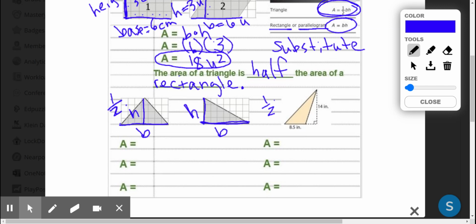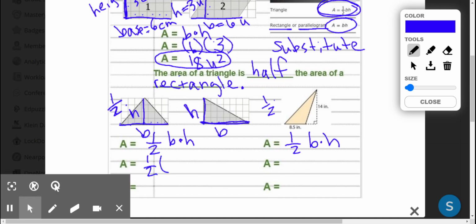A triangle is going to be 1/2 the base times the height. So you come down here, and then we just fill in our formula. And we're going to do that on both sides here. Base times height, and move the 1/2 down.